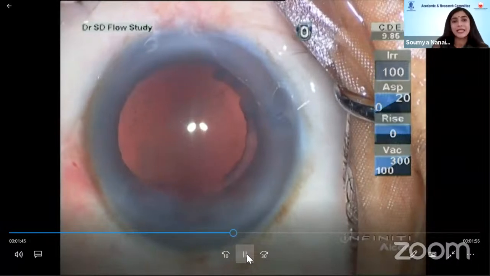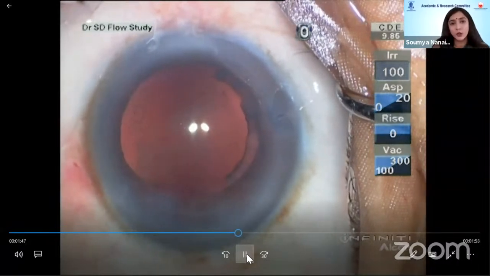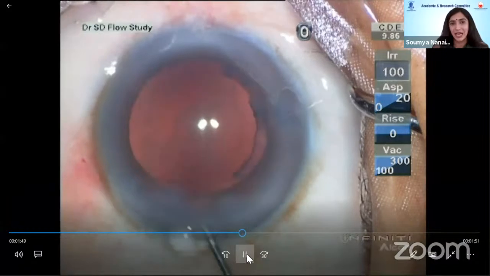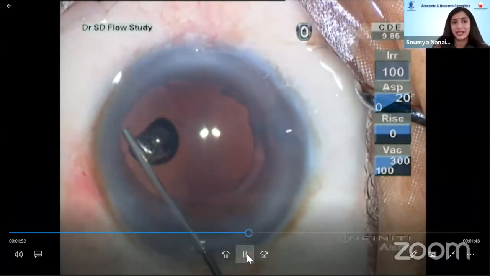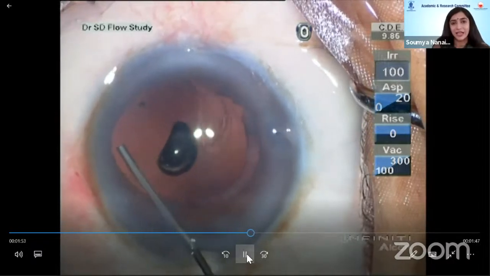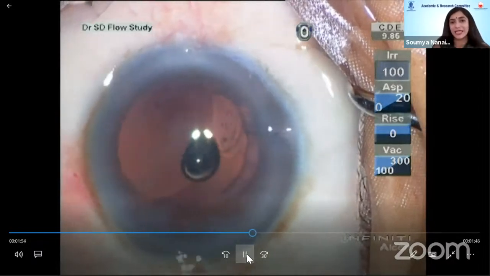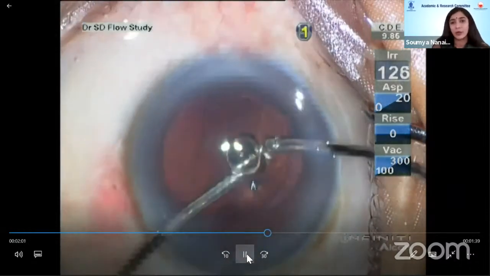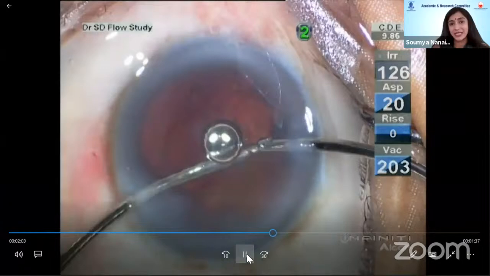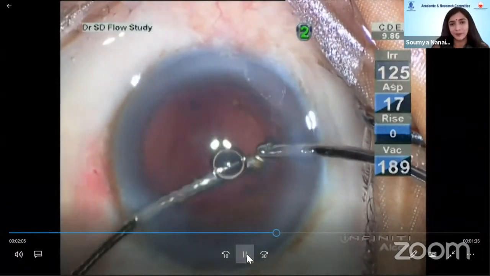Following this, the ideal thing to do would be to inject a CTR at this point. But I just went ahead back then and continued with irrigation and aspiration, the cortical aspiration. Like I said, now I'd probably go ahead and implant a CTR before I did this.